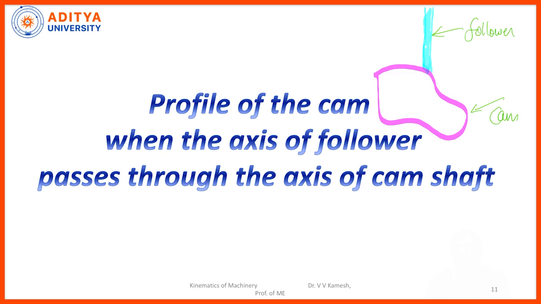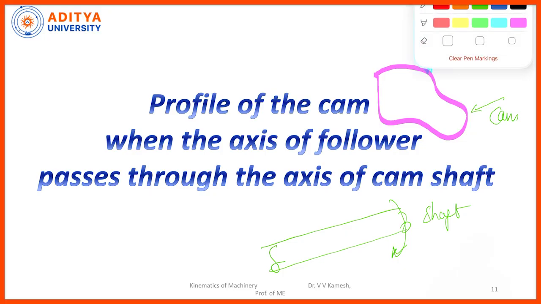Even though the cam is having the irregularity, there will be a shaft on which the cam will be mounted, right. Suppose this is the shaft rotating like this, on this the cam will be mounted.